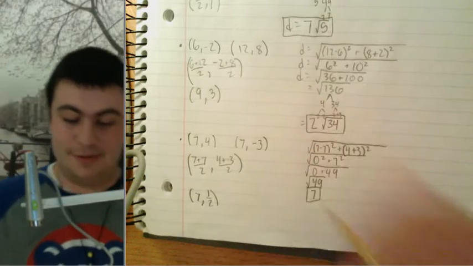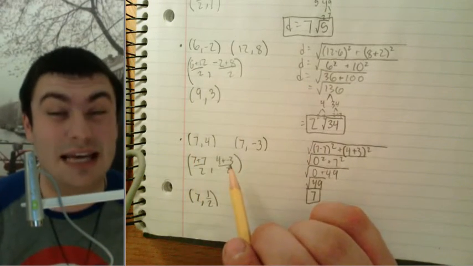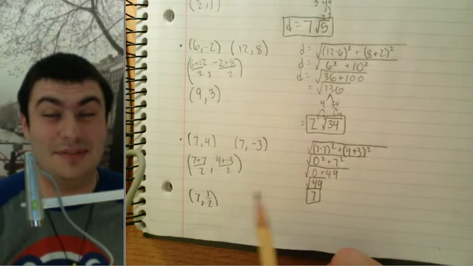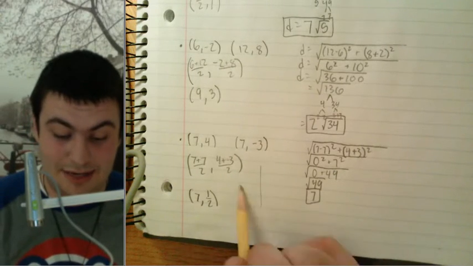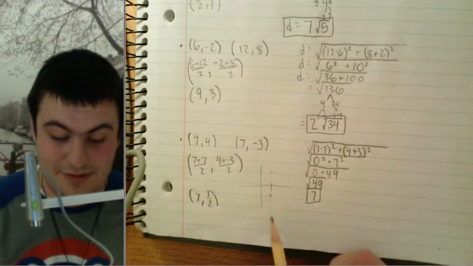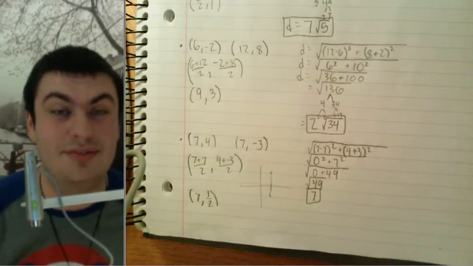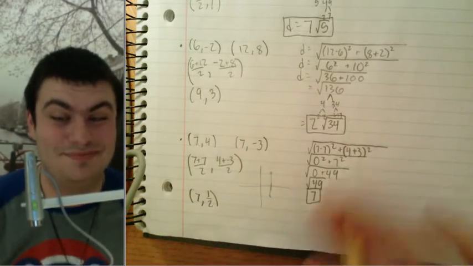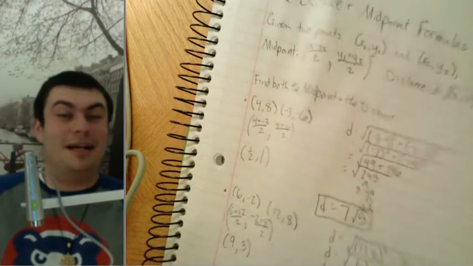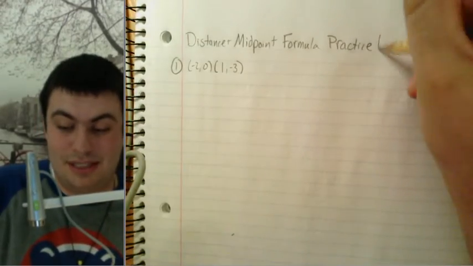So the distance between these 2 points is 7. If you think about it, the x's are the same. On our graph, they have the same x. So if one's up here at 4 and one's at negative 3, the distance is just the difference of the y values, 7.